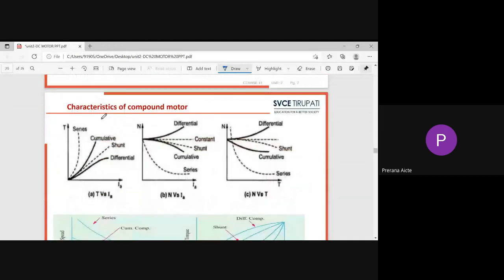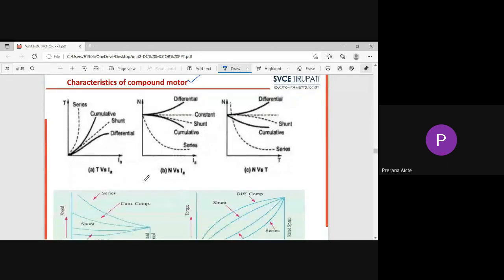Next, characteristics of compound motor. Cumulative compound motor: under no load condition, the series field winding carries less flux.